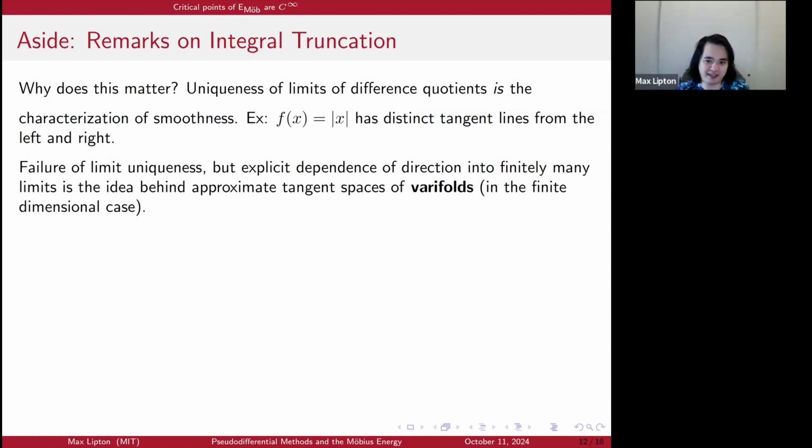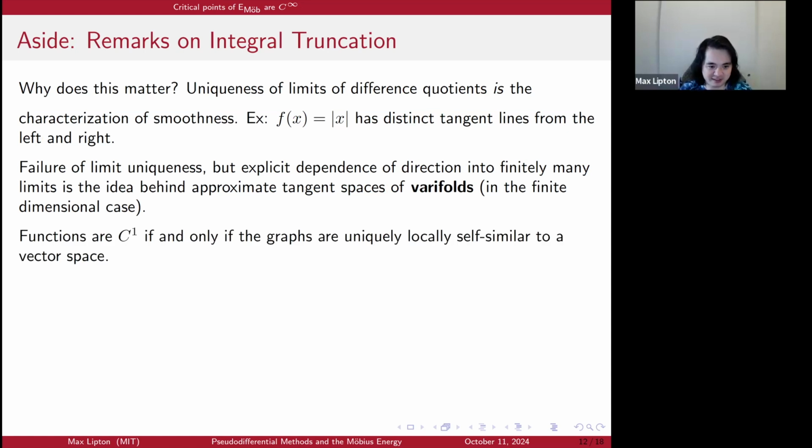And so by considering the uniqueness of truncations on functionals over the infinite dimensional Hilbert spaces or Banach spaces that are the function spaces we're looking at, this is the proper analogy for smoothness in this infinite dimensional case.